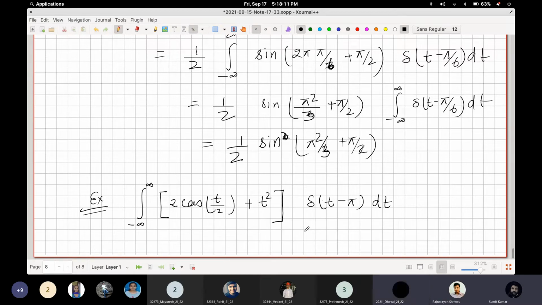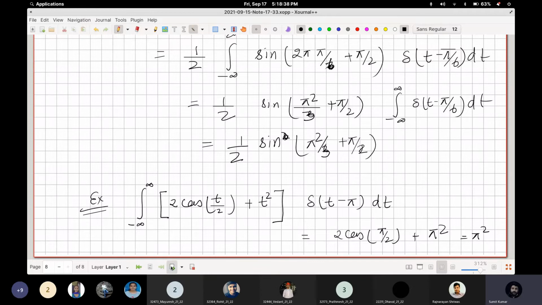So this is directly equal to 2 cos pi by 2 plus pi square. Cos pi by 2 is anyway 0, isn't it? So this will be equal to pi square. Okay. You have to be very efficient in solving these questions, okay? And you have to practice as much as you can.